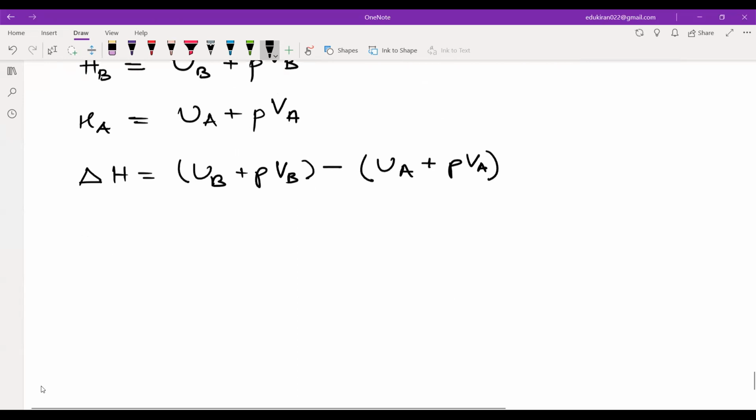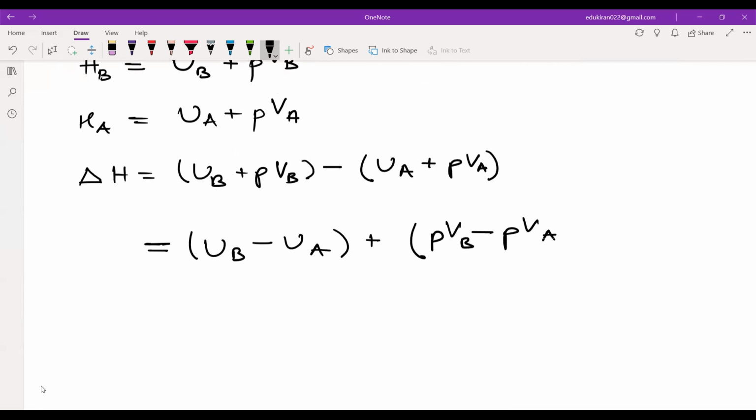And what else can we write? We can rearrange this and write UB minus UA plus PVB minus PVA. Just look at this now, if it makes sense to you. UB is positive, PVB is also positive.